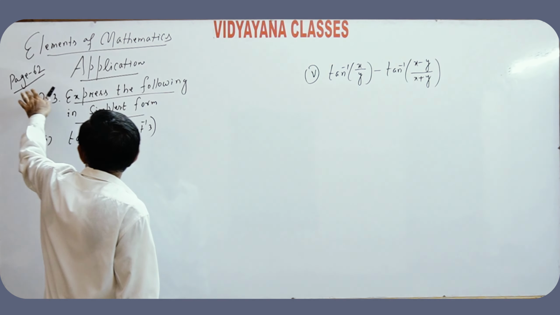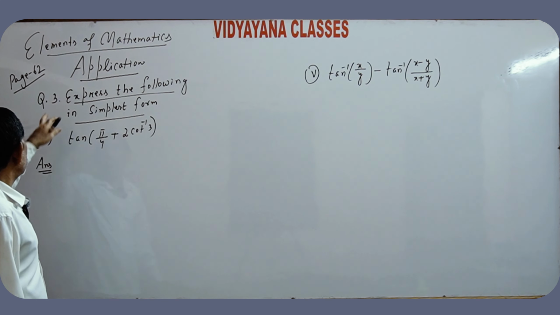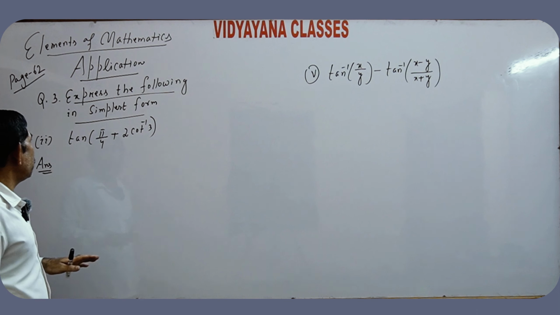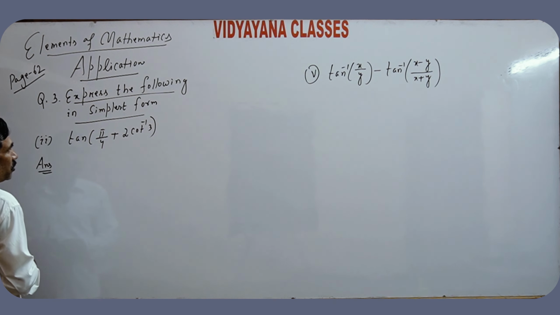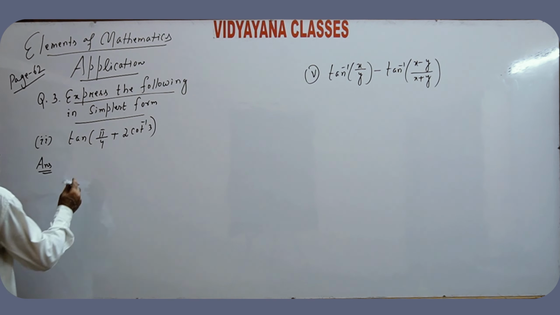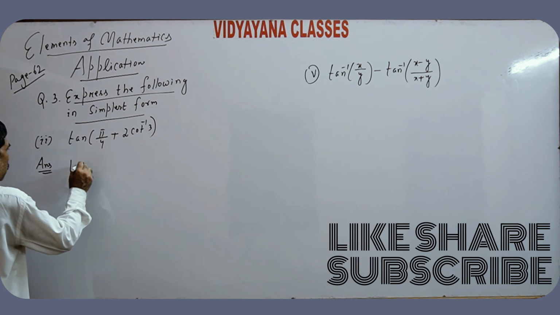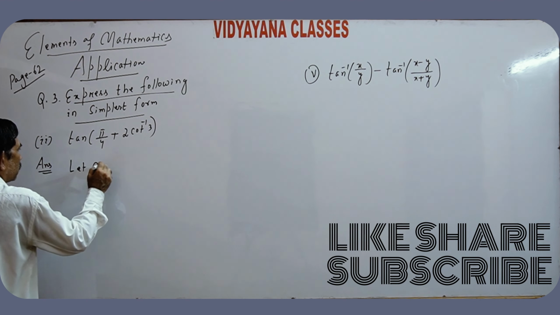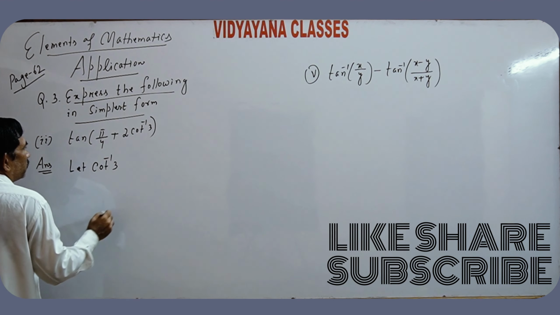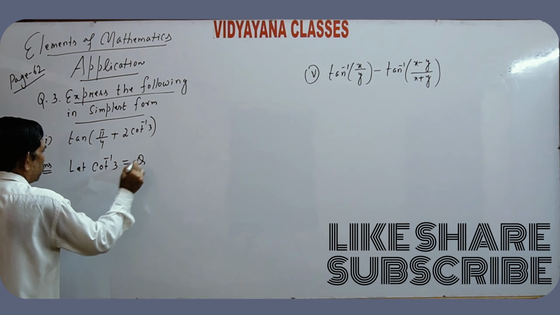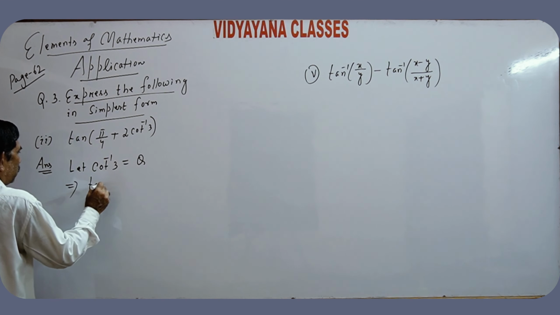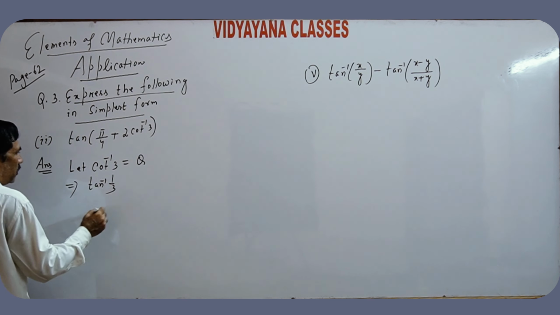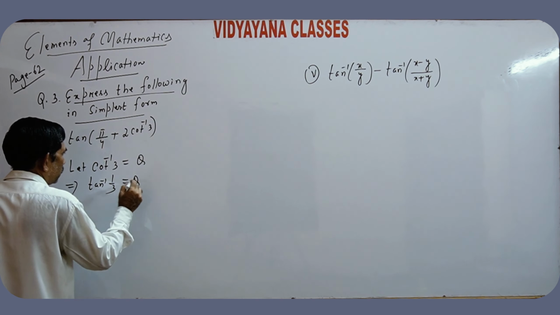Elements of Mathematics, page number 62, question number 3. Express the following in simplest form. Second bit, tan of pi by 4 plus 2 cot inverse 3. Let cot inverse 3 be equal to theta, which implies tan inverse 1 by 3 is equal to theta.